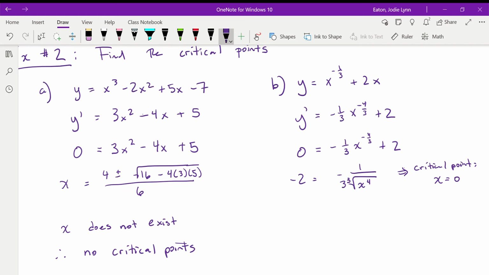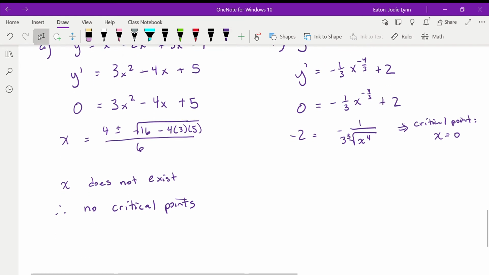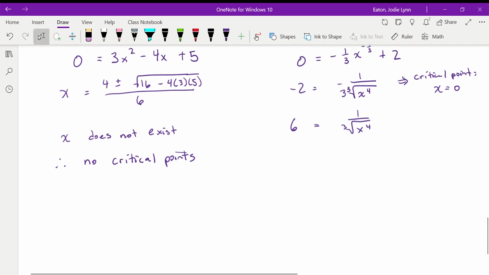So continuing to solve for points, assuming now that x to the 4th is not equal to 0, we can multiply both sides by negative 3. So we get 6 equals 1 over the cube root of x to the 4th. The cube root of x to the 4th is 1 over 6.